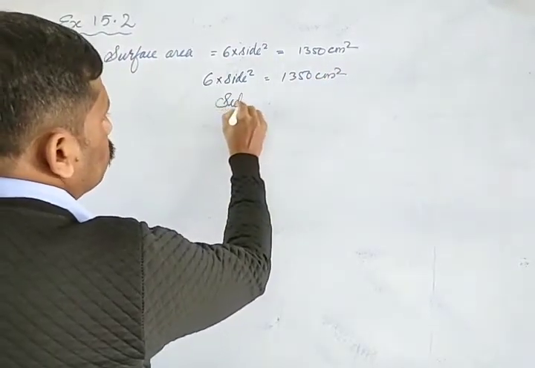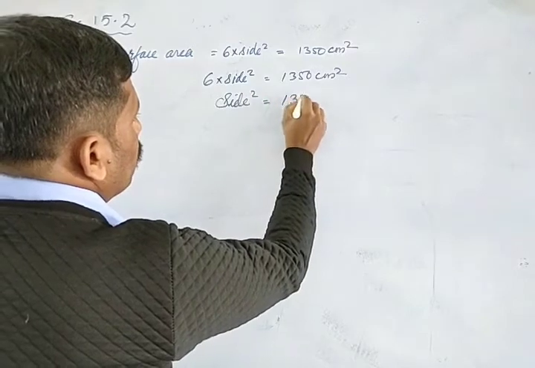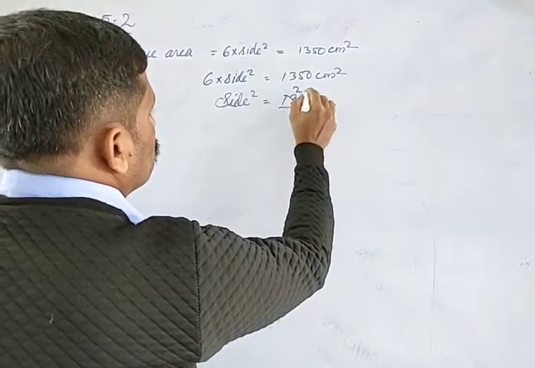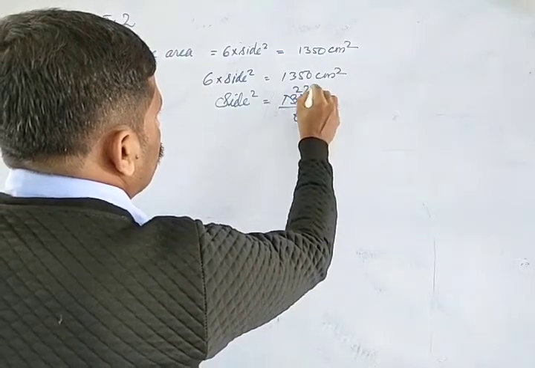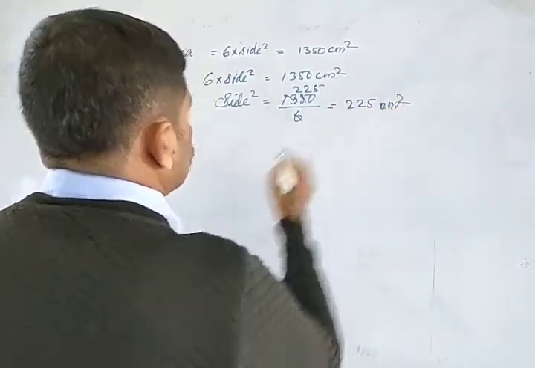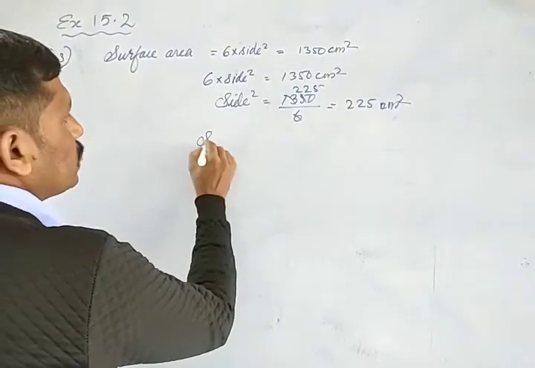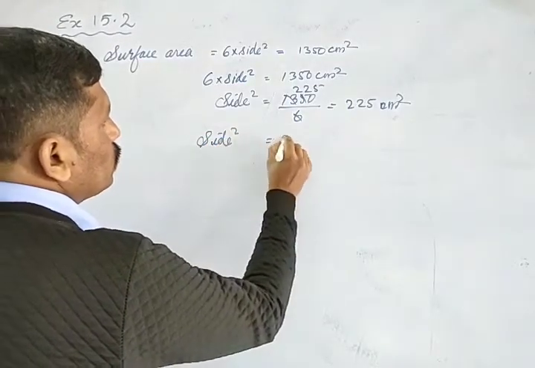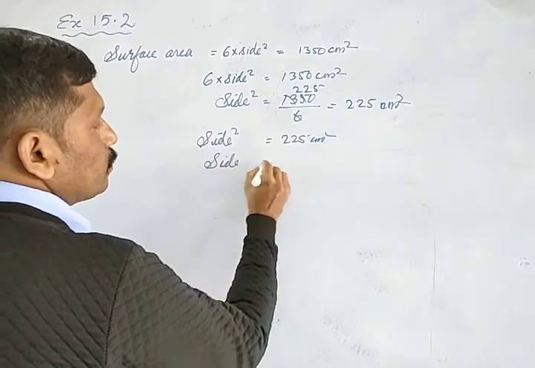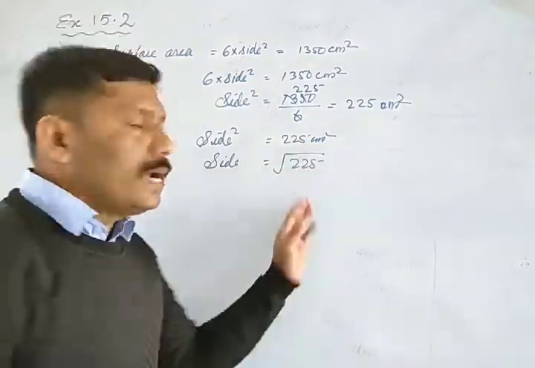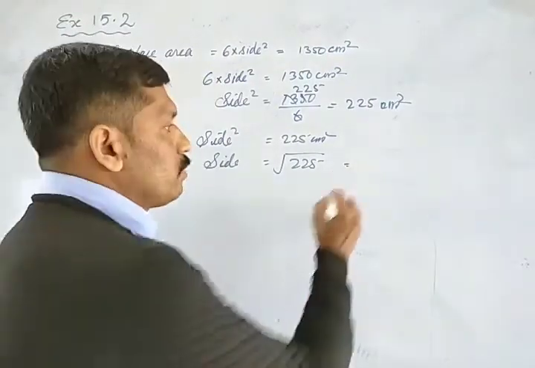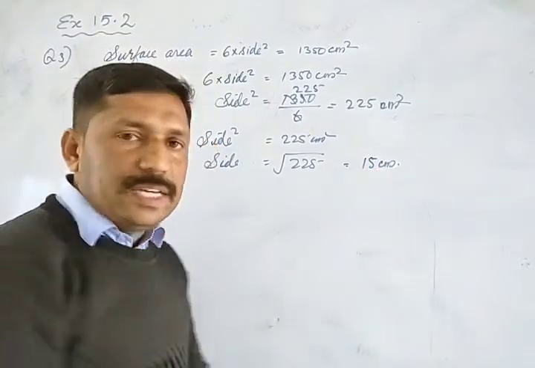Therefore side square is equal to 1350 divided by 6, which is 225 centimeter square. Therefore side is equal to root of 225, and you know that the root of 225 is 15 centimeter. So side is equal to 15 centimeter.